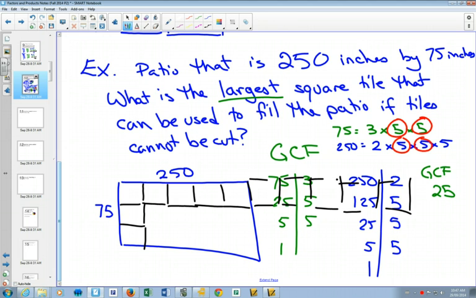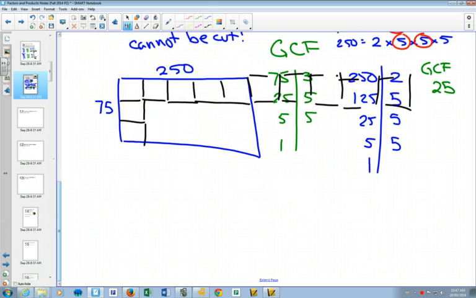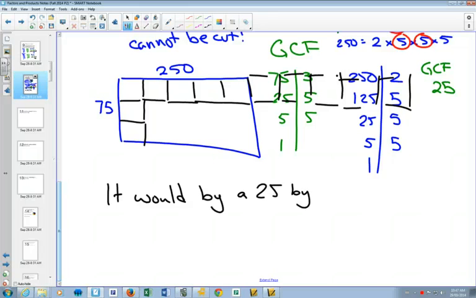So what is the largest square tile that can be used? It would be a 25 inch by 25 inch square tile. That would be the largest one.